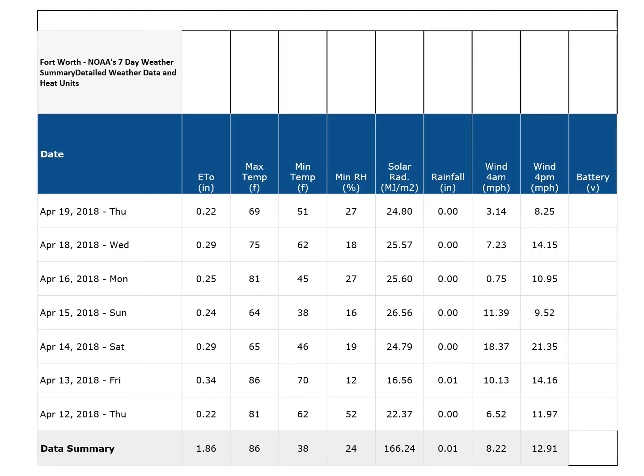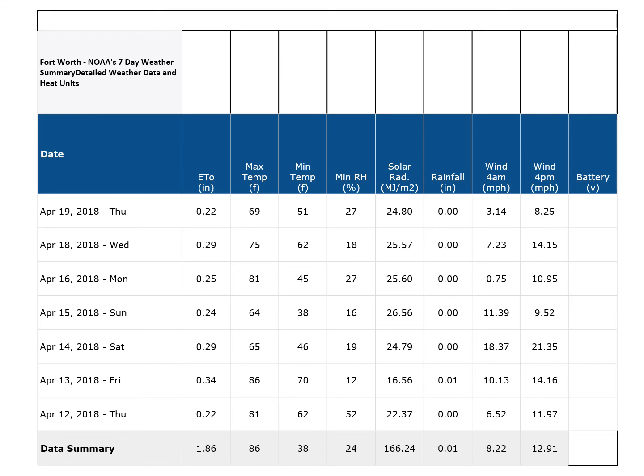Okay, here's some good information you can get from the NOAA weather site, NOAA in Fort Worth. It's a 7-day weather summary, detailed weather data and heat units. And you can see each day, there's April the 19th. That's 2018. I should have pulled up a new one. But anyway, you get the idea. It tells you your evapotranspiration in inches, 0.22. Your maximum temp was 69.